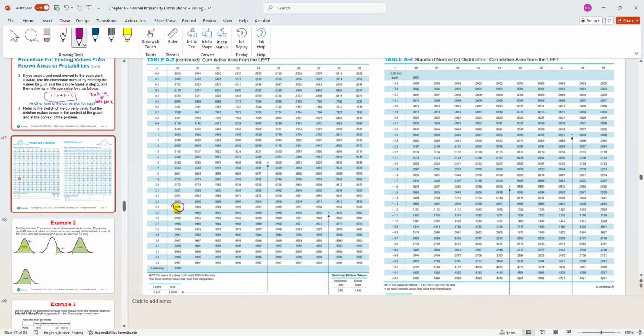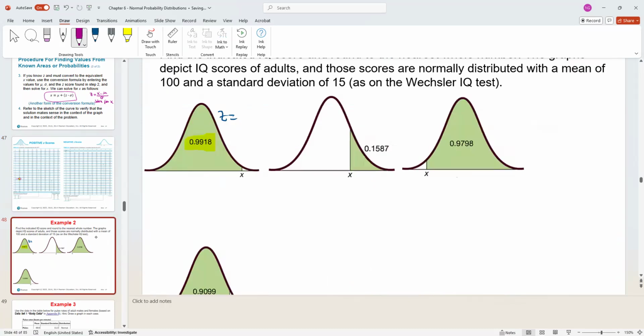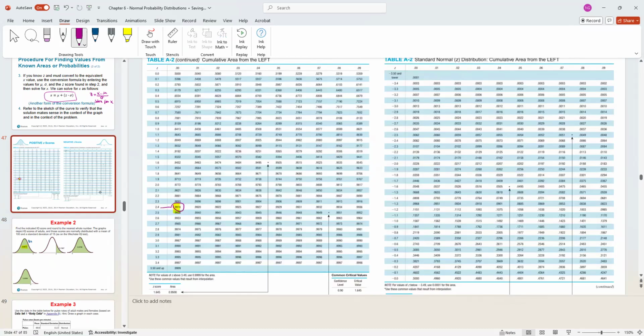That means 2.4. The Z is 2.40. Let me check that.